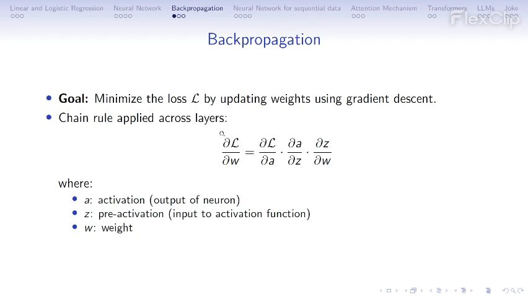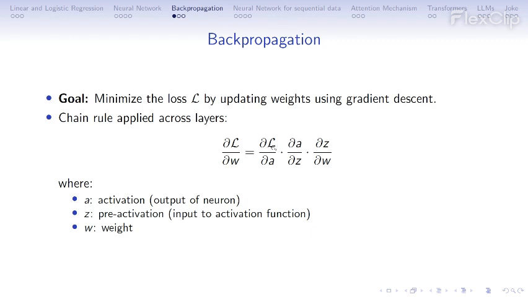So how is it applied? It is the partial derivative of the loss function with respect to the weight, so the loss with activation A, and the chain rule. I hope you know the chain rule, right?